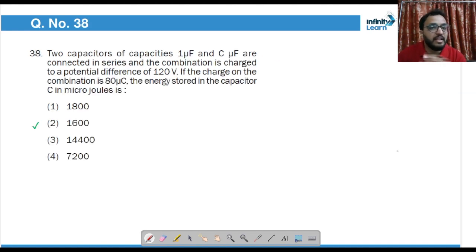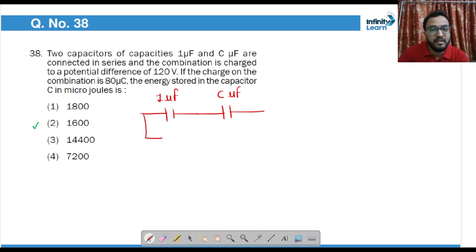So let's move ahead. 38, this is an interesting question. Two capacitors are given. One is 1 microfarad, another one we don't know how much it is, but we will say it is C microfarad. It is 120 volts.